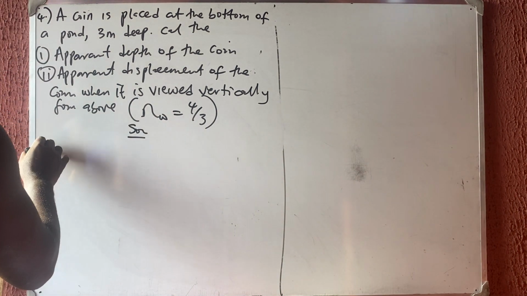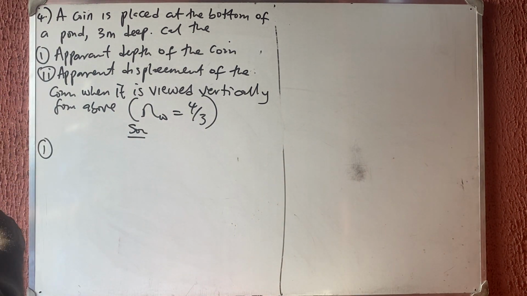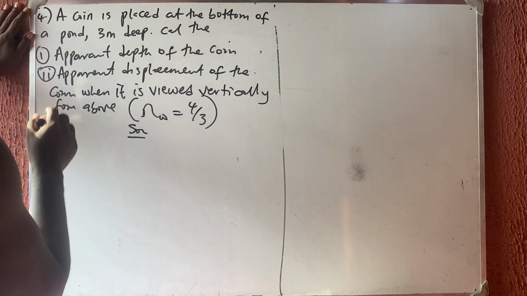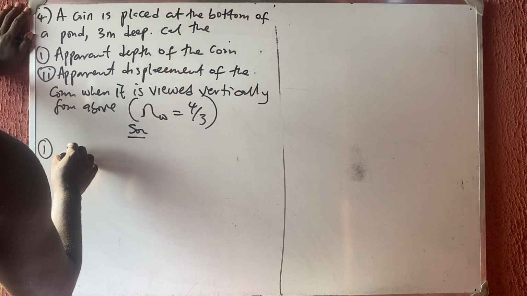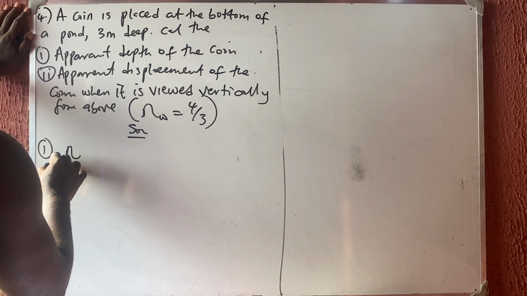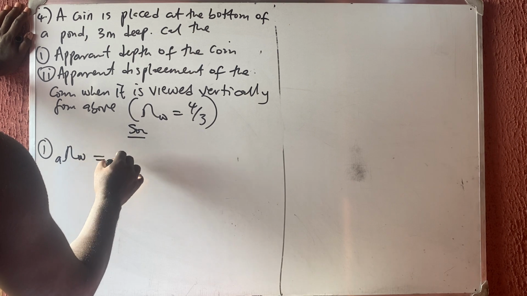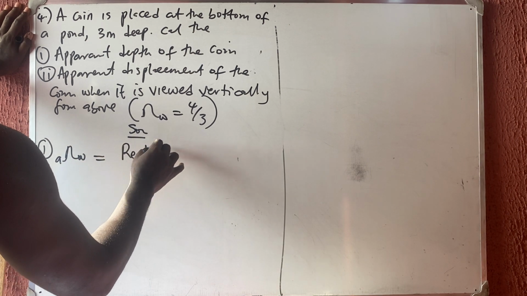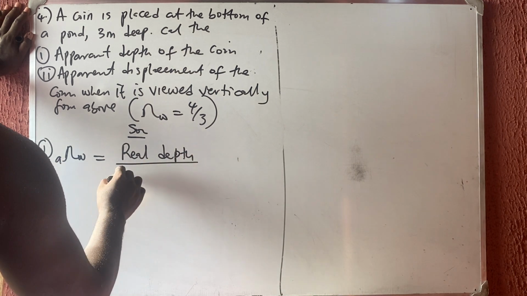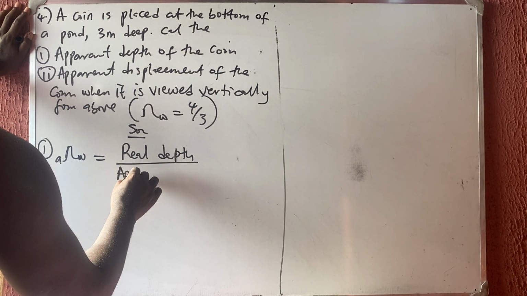Solution. For the first question, we did this in the previous video, so you can watch it to understand very well. I don't need to start drawing it, but you just know that the refractive index from air to water is given as the real depth, which I did in the previous video, so please go and watch it, all over the apparent depth.